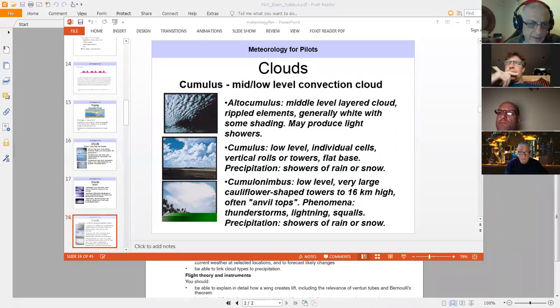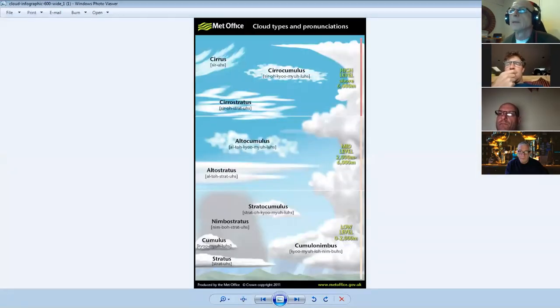Just pop this open. This is just a quick diagram. There we go. Okay. So this is from the Met.